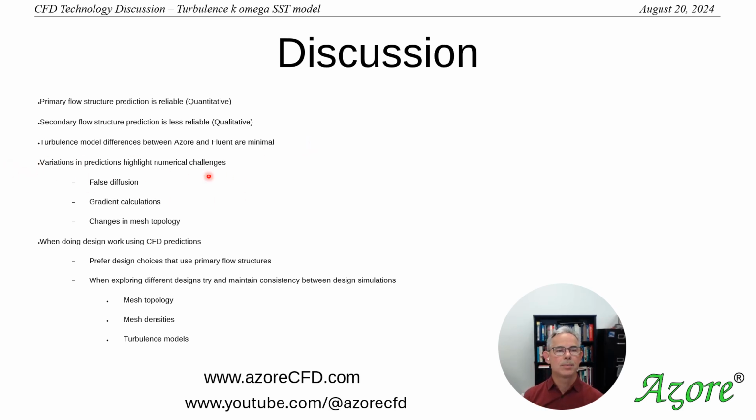And that brings up the question of why we see such a large discrepancy. Even seemingly very small differences in mesh topology result in markedly different predictions. Why is that? It comes down to, for instance, false diffusion, which is always present in our CFD predictions and can have a pronounced impact on the ability to capture these secondary flow structures and the diffusive nature of turbulence.